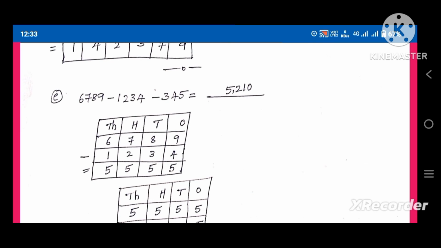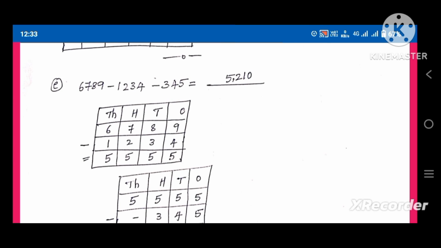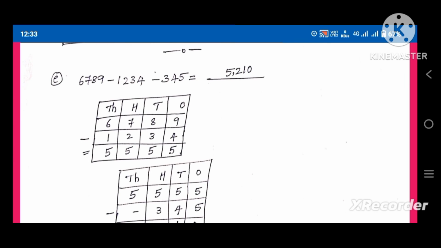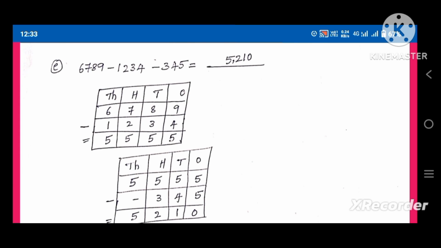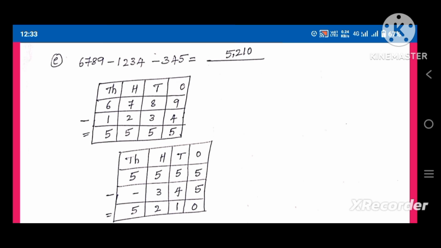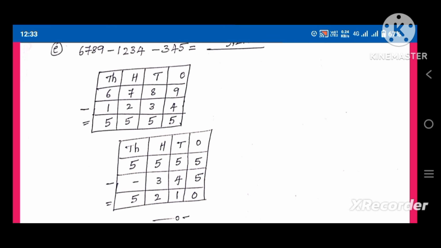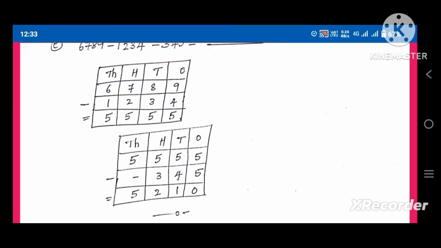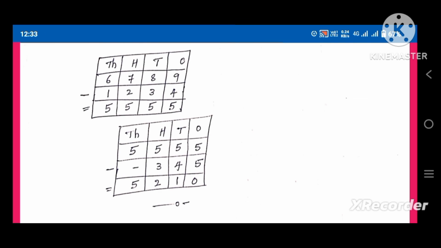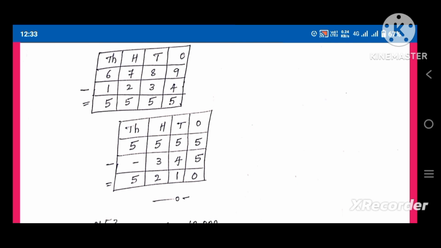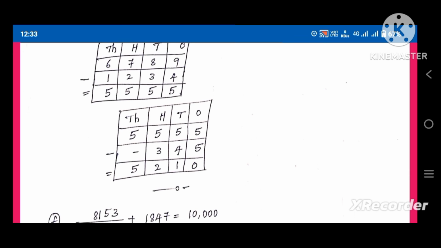And then from this we subtract 345. We get the answer 5,210.